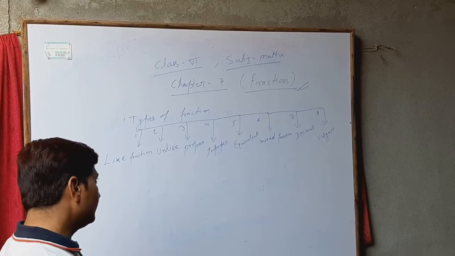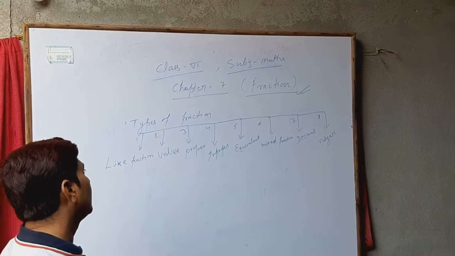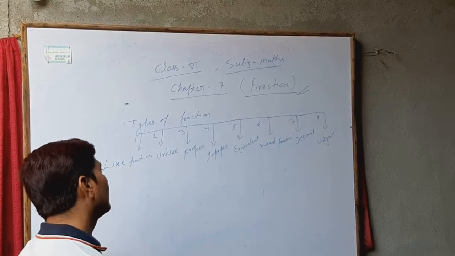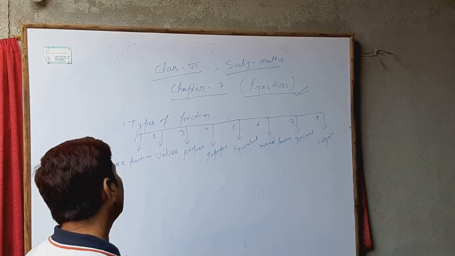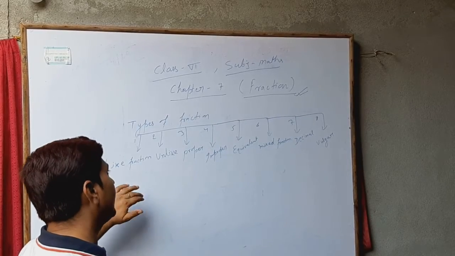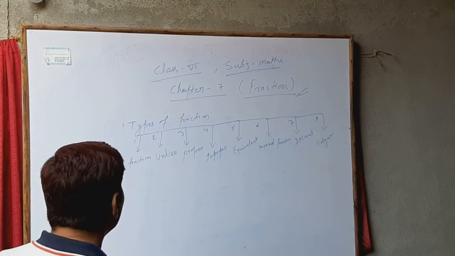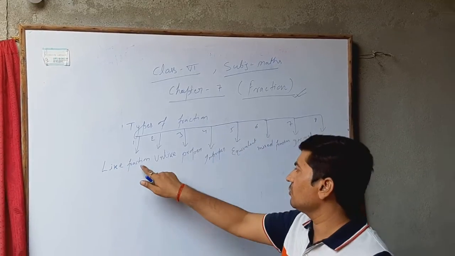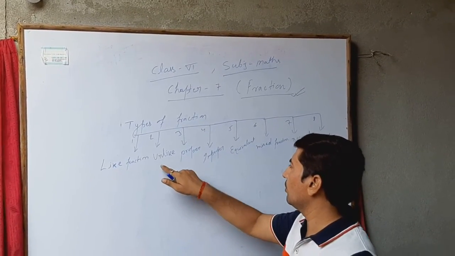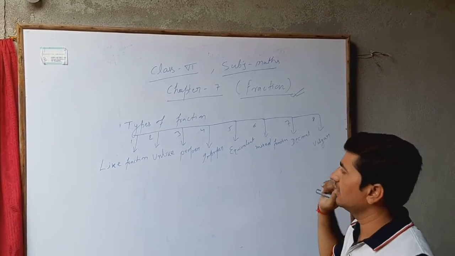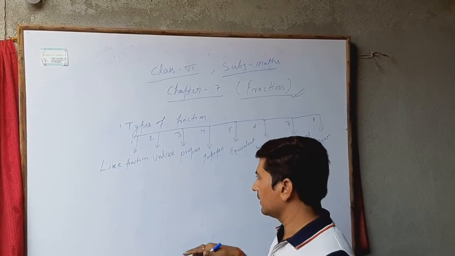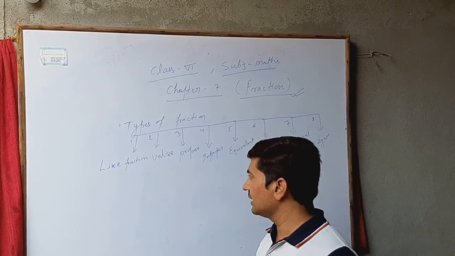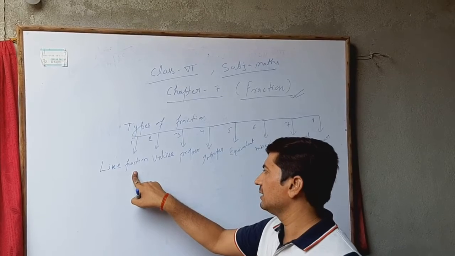So those who are not getting it from here can also read the book, because in your book all things have been given. Now first one is like fraction. Firstly, now I'm going to explain once again. Then I will make you retain the definition of it. Like fraction, this is very simple.